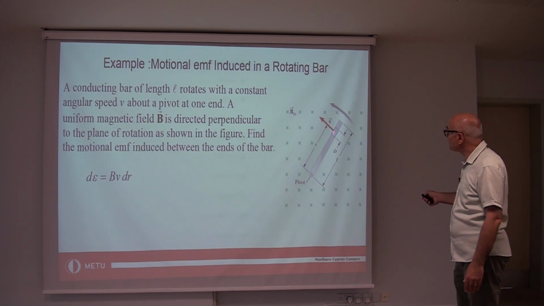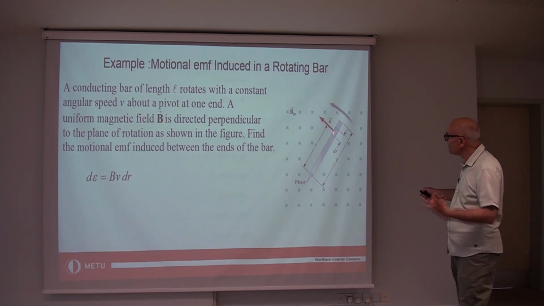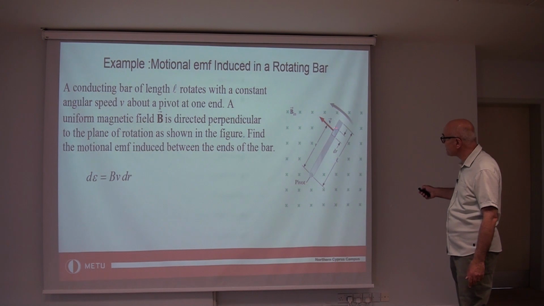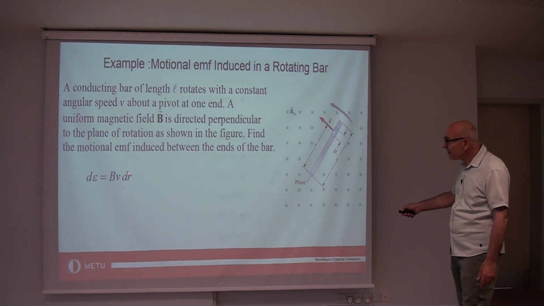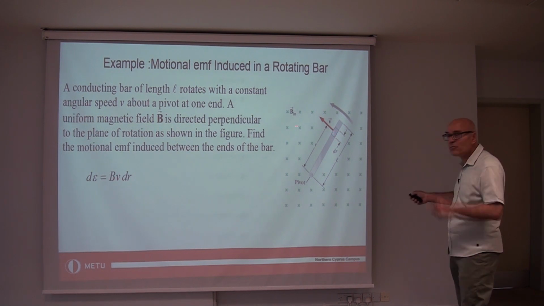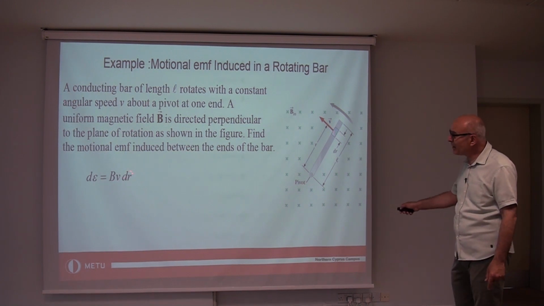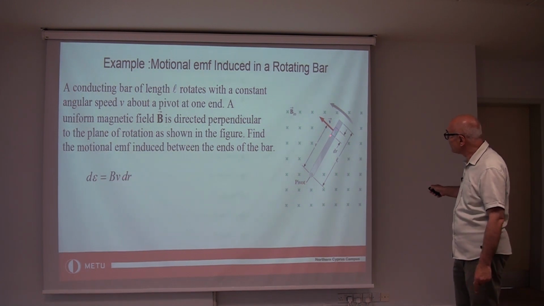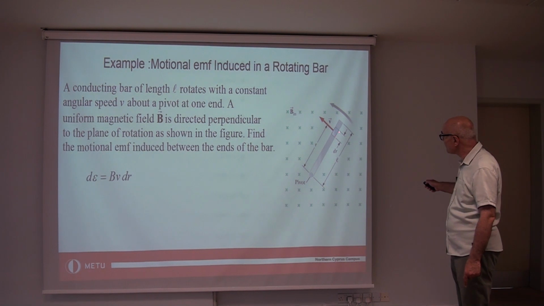The electromotive force, or the potential difference, across this element will be Bv multiplied by dr. We can consider the whole element moving with the same v because it is infinitesimally small, and since it has infinitesimal length dr, this is the potential generated across the element.